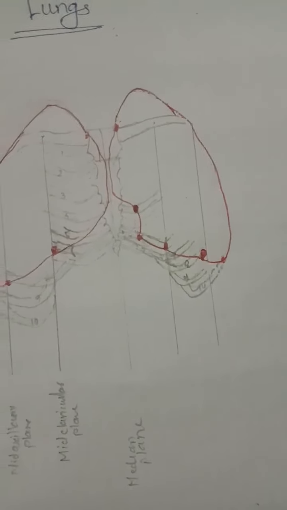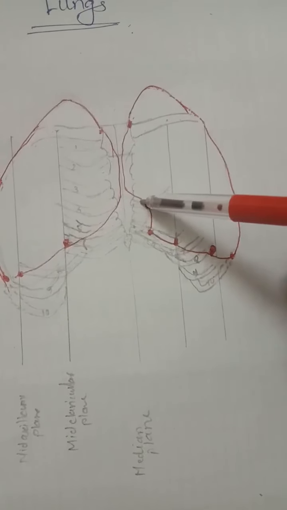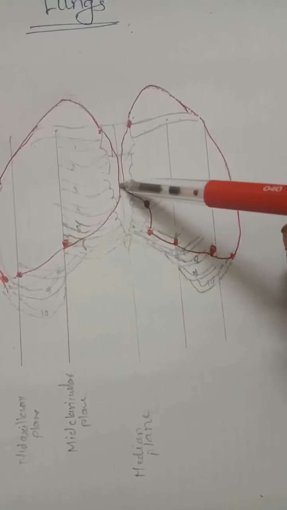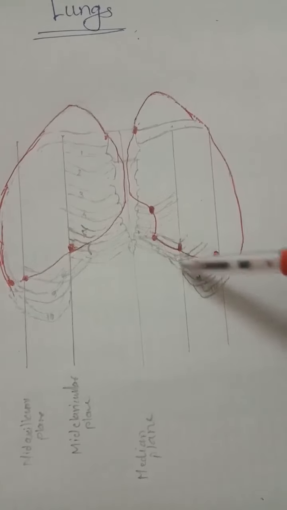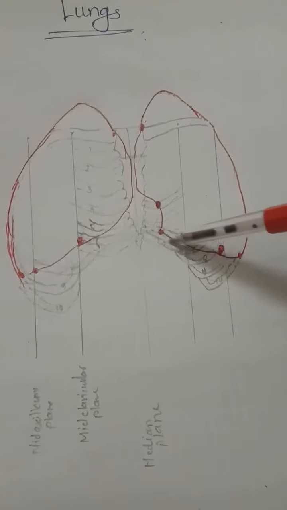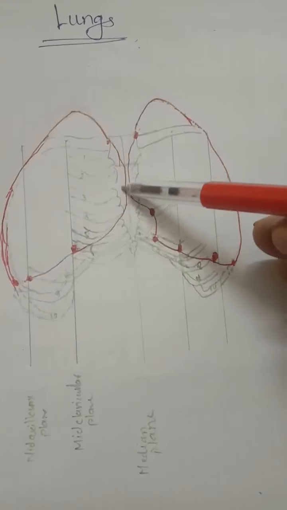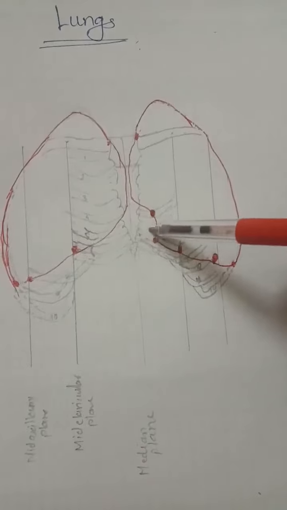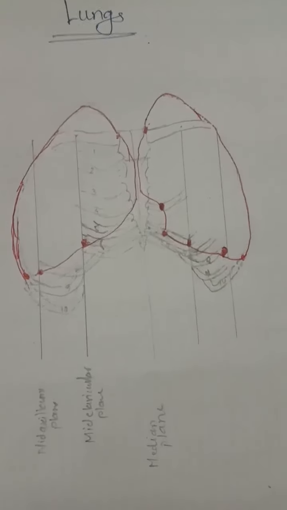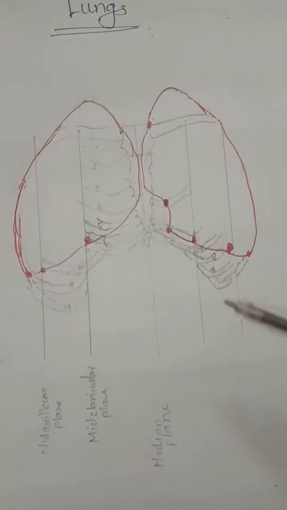So in this way, the left lung should be drawn. Here the cavity formed is called the cardiac notch. Here the apex is present. On the inferior side, the base is present. Here the hilum is present. On the left lung, the cardiac notch is present. So that is the surface marking of the lung.